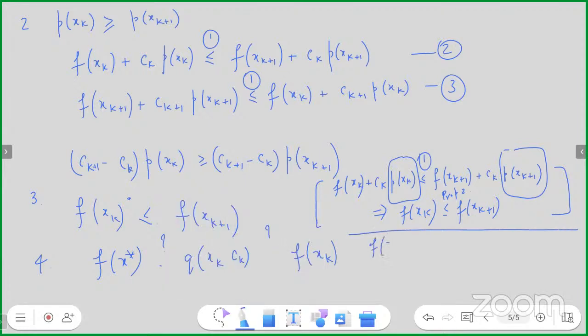F of xk plus ck p of xk is less than or equal to f of x star plus ck p of x star. This is true for every unconstrained problem, right? So this is definitely true. What can you deduce?